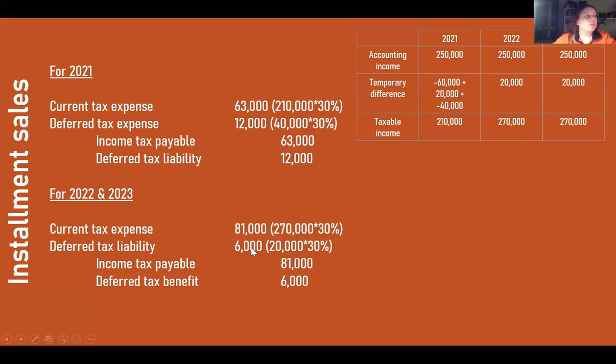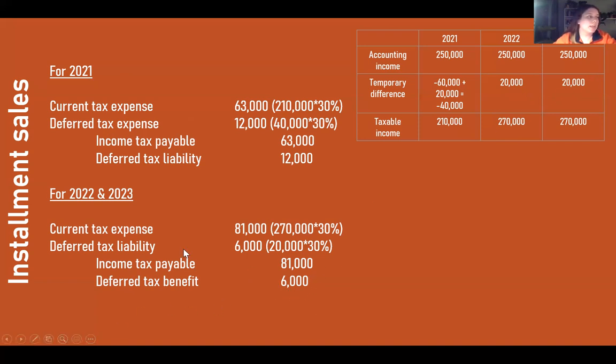So you want to decrease your liability account by the amount of temporary differences times your tax rate. That gives us $6,000, and you're going to put it in the deferred tax benefit, so basically the reverse of an expense, like a gain on your statement, for $6,000.